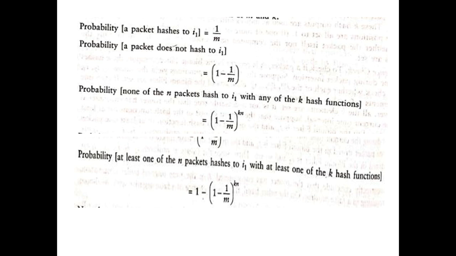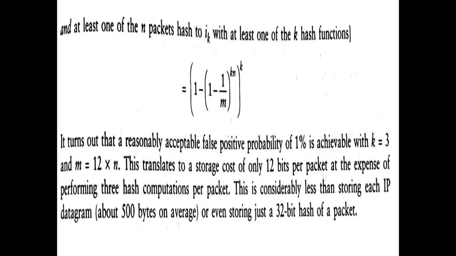Probability at least one of the n packets hashes to i1 with at least one of the k hash functions is 1 minus (1 minus 1 divided by m) raised to kn. And at least one of the n packets hashing to ik with at least one of the k functions is (1 minus (1 minus 1 divided by m) raised to kn) raised to k.